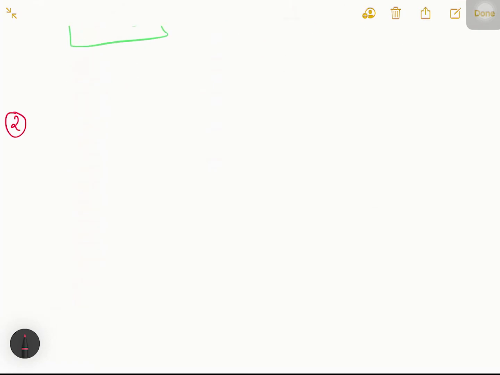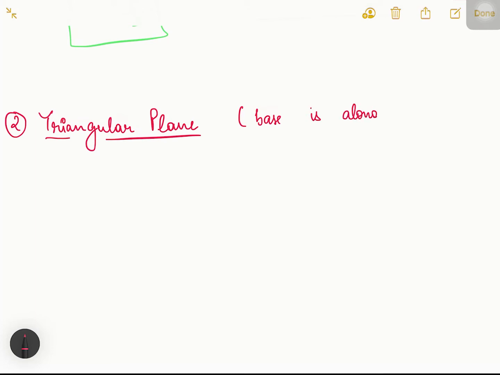In the next case, we have a triangular plane. Please draw these drawings and specific values parallelly along with me. So the second one is our triangular plane. In the triangular plane, there are two conditions. The first condition is that the base is along the free surface.